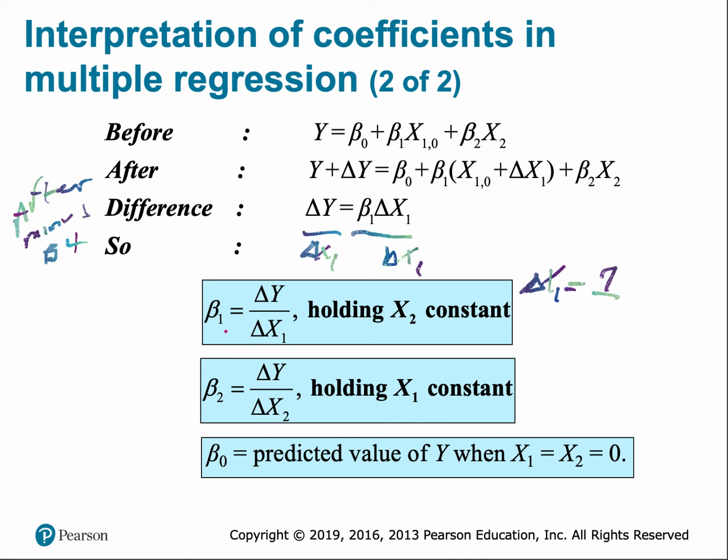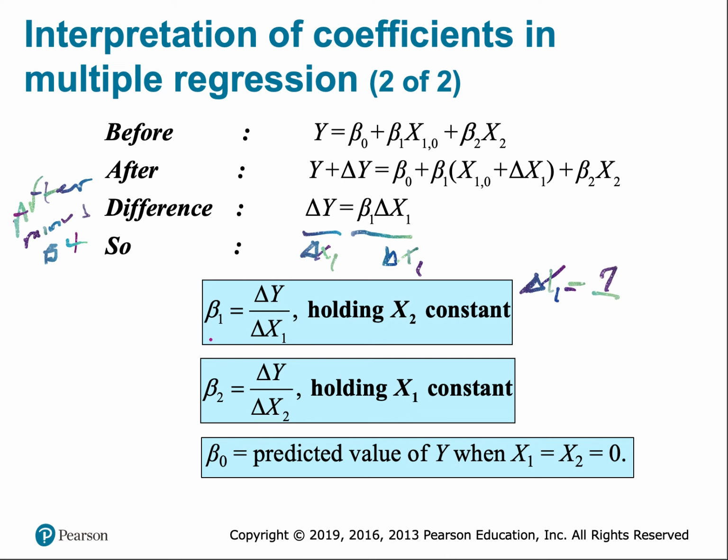So beta 1 tells us how much the outcome variable changes for a 1 unit change in x1. And so this is the very same interpretation as with univariate regression. The difference here is that this interpretation requires the condition that we are holding x2 and all of the other variables constant.